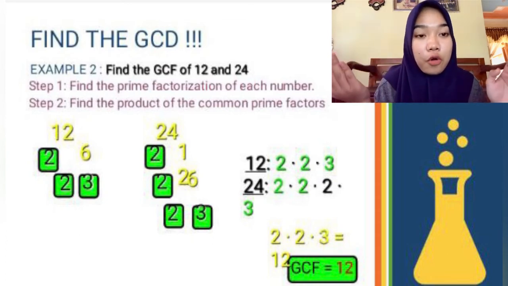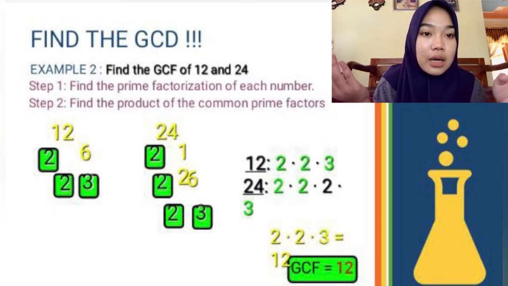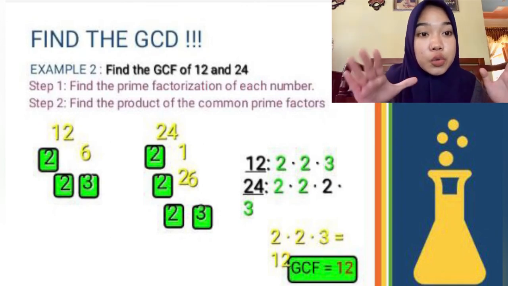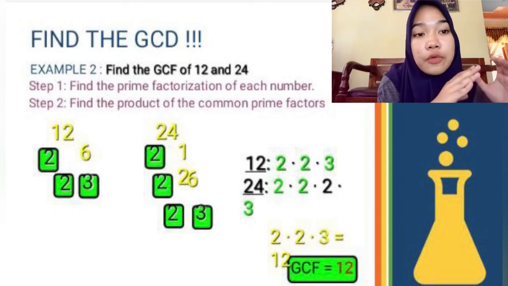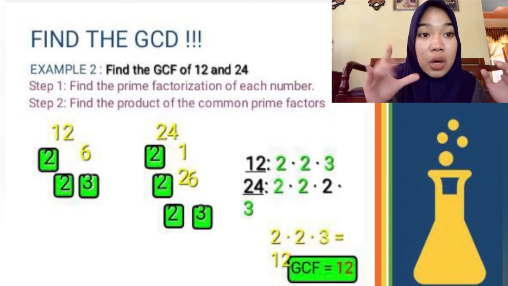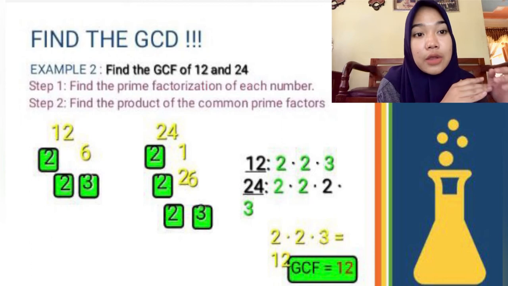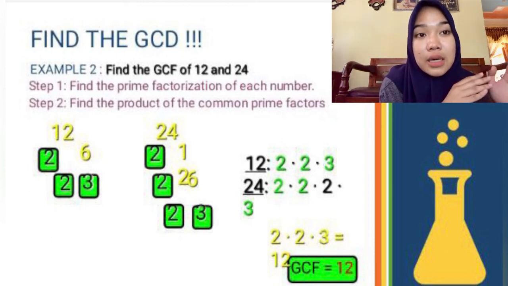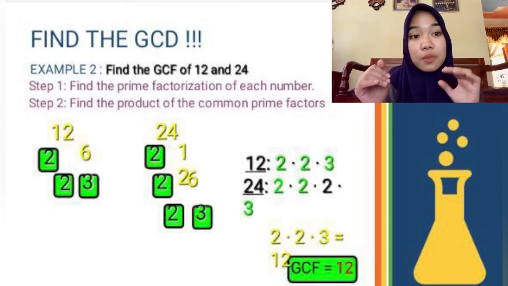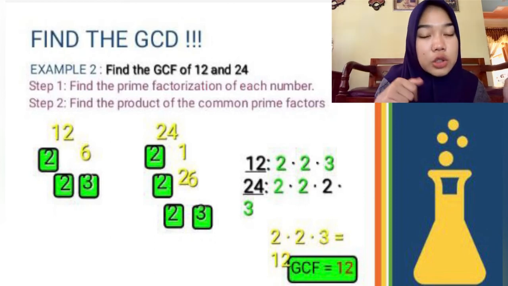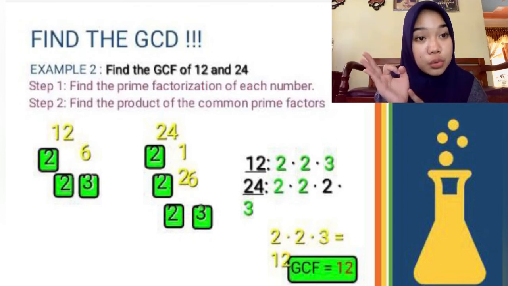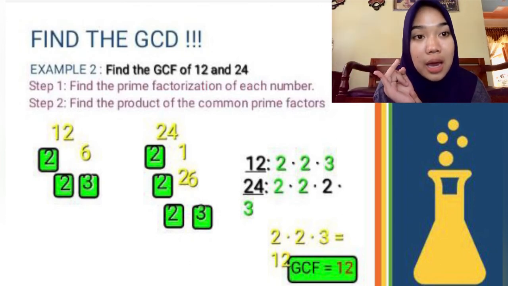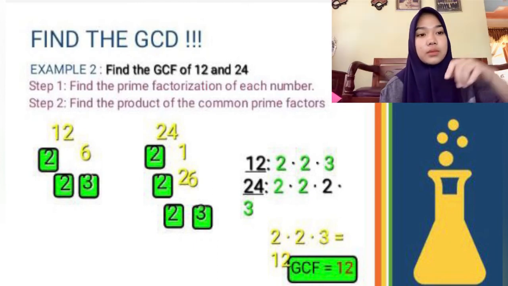And next, from 24, the factorization is 2 times 12, and the factorization of 12 is 2 times 6, and the factorization of 6 is 2 times 3. So the factorization of 24 equals 2 times 2 times 2 times 3.